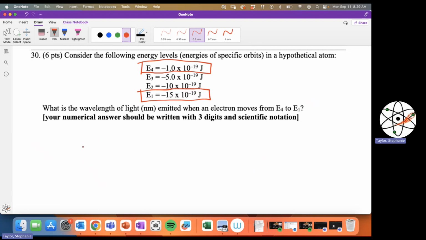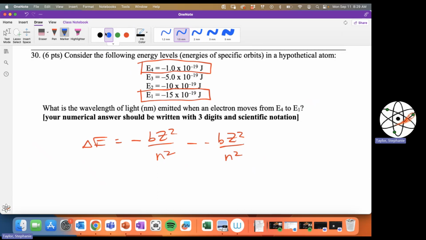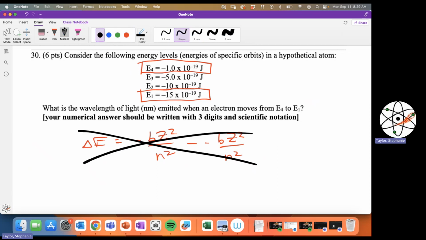The difference is that when we did the change of energy before, we did negative bz squared over n squared minus negative bz squared over n squared. We don't have to do this, because that is if you were given the energy levels. These are already in joules, so I don't need any of this. What I need is just that change part, where we go final minus initial.